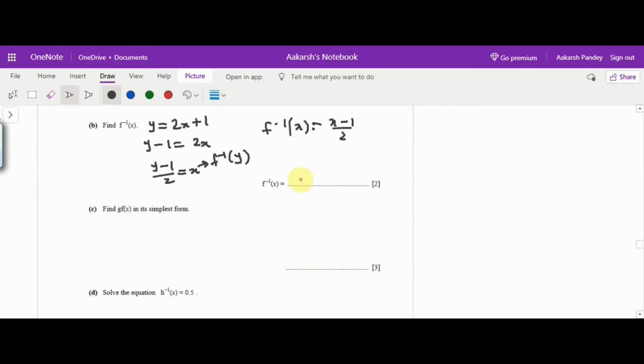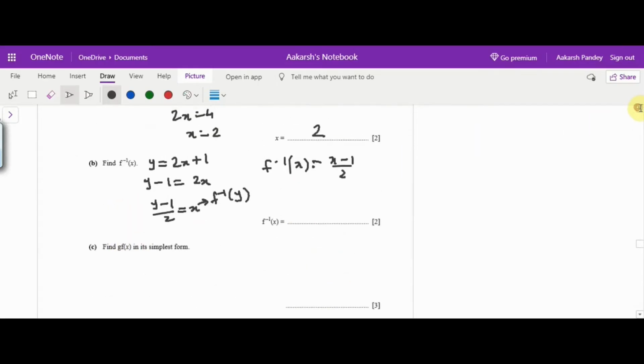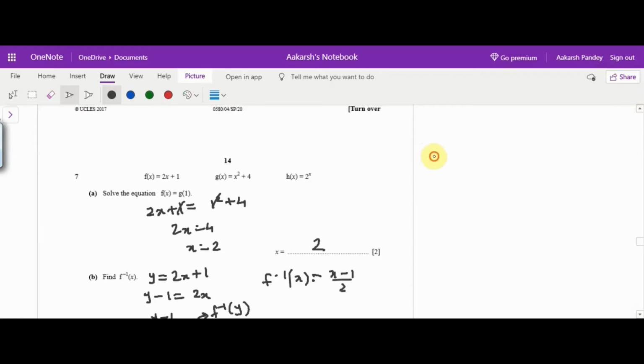g of f of x in its simplest terms. We have been given g of x. So wherever I have x, I'll replace it with f of x. So I used to have x square, but now I'll have f of x the whole square plus 4.